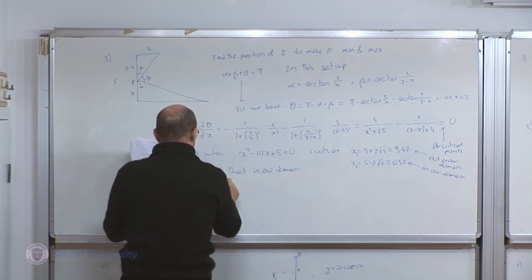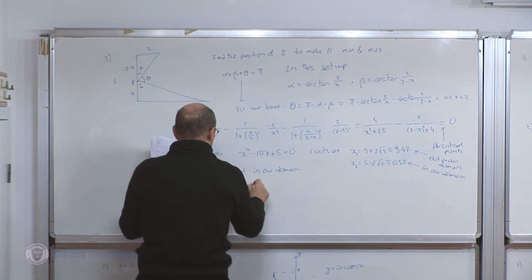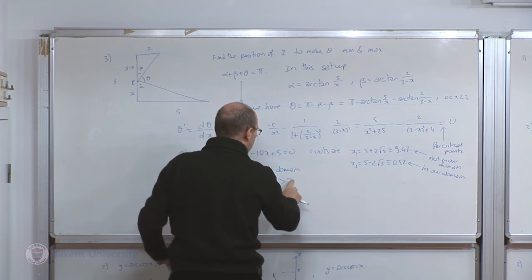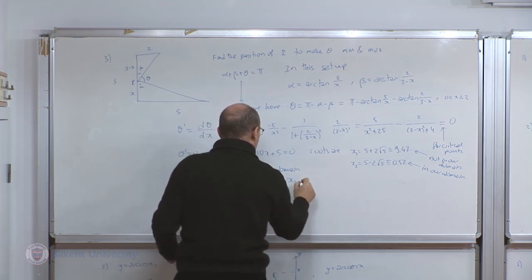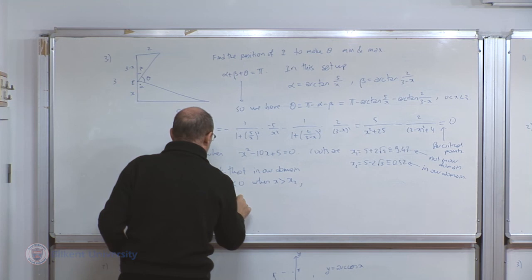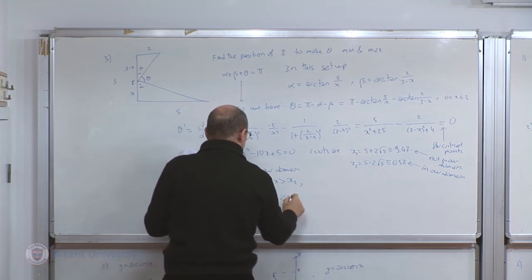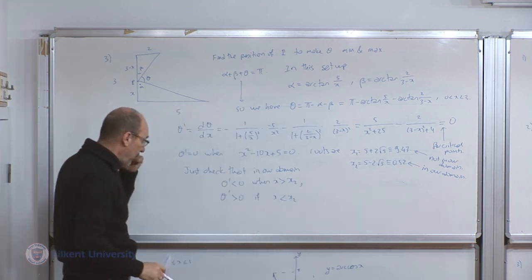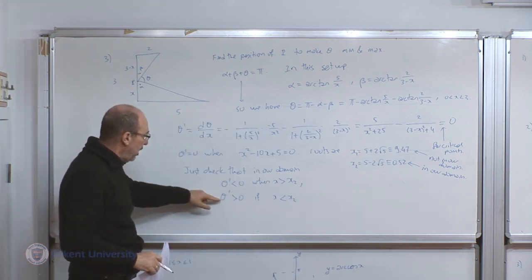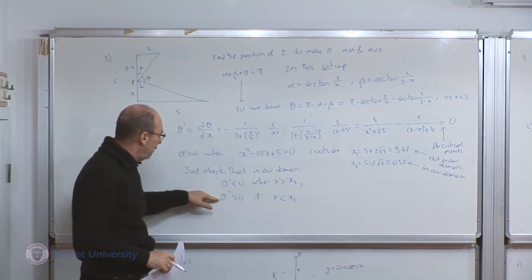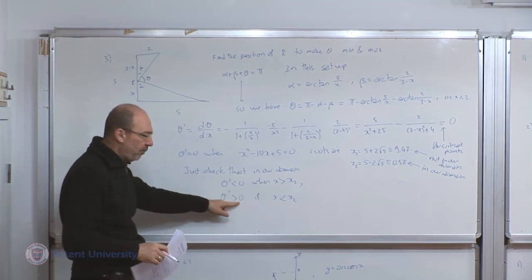So I did that. Theta prime is negative when x is larger than, we call this x2, and theta prime is positive if x is less than x2. So this means that if you start from x equals 0, the function is increasing.